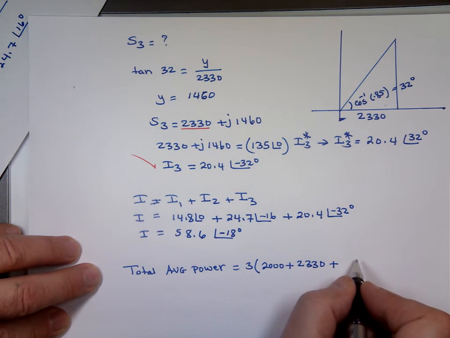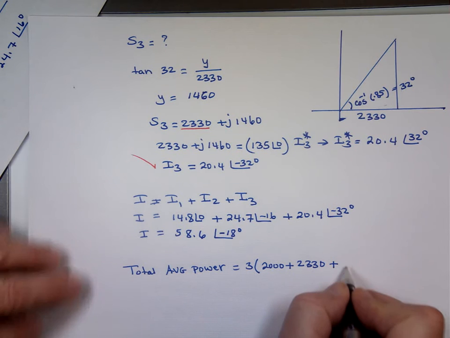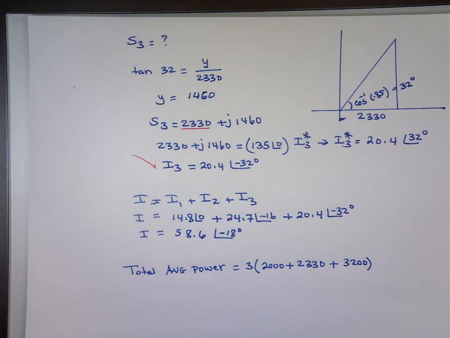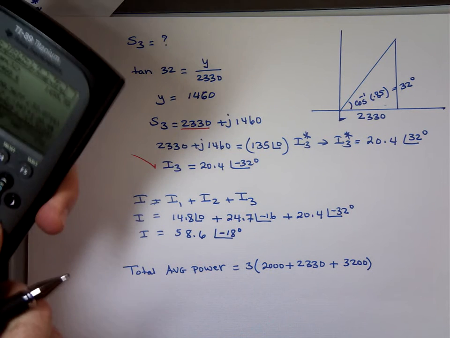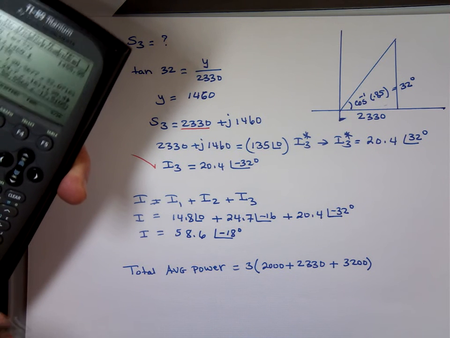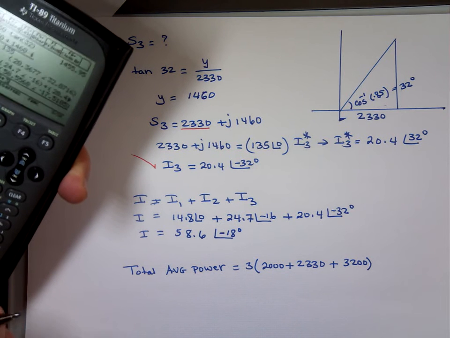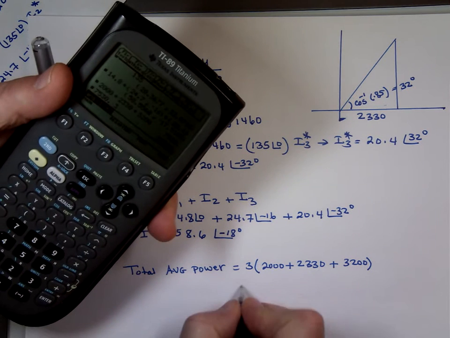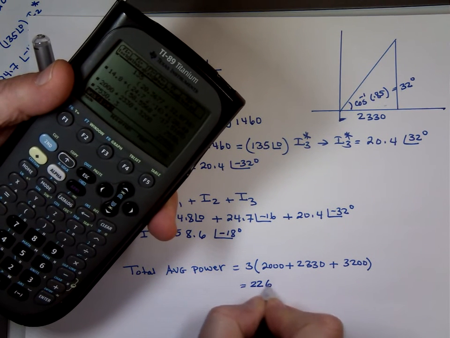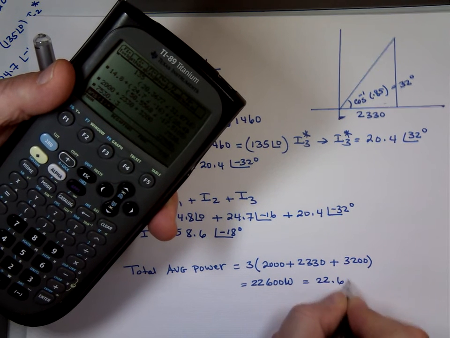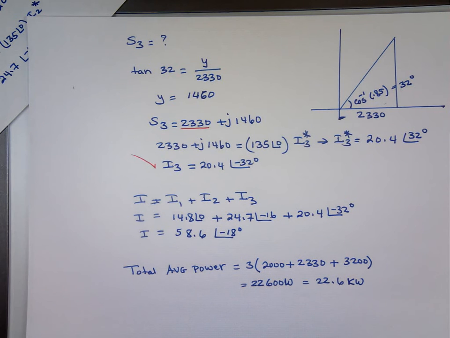I missed one. 3,200, right? So add these three, multiply them by 3. You have 3 sets of them. 2,000 plus 2,330 plus 3,200, multiply it by 3, and it's roughly 22,600 watts, which is 22.6 kilowatts. Is that one of the answers? Yes. Yep, that's the first one.